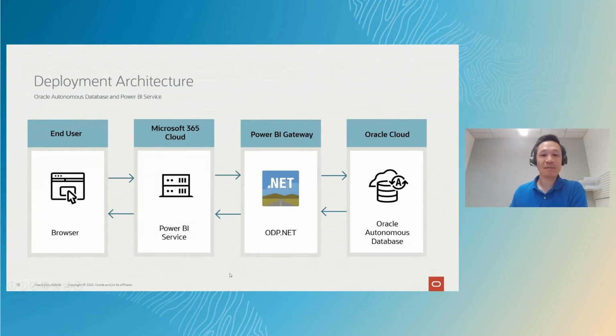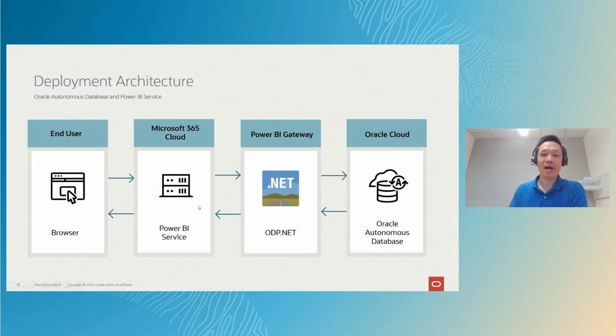Now, in the Power BI Desktop realm, you would see these two silos, I guess you would call it, on the same machine. So you'd have Power BI Desktop and ODP.NET running on the same machine, but in the Power BI Service realm, the Power BI Service runs in the Microsoft Cloud, and the Power BI Gateway runs generally on an infrastructure as a service machine running ODP.NET as a go-between between Autonomous Database and Power BI.